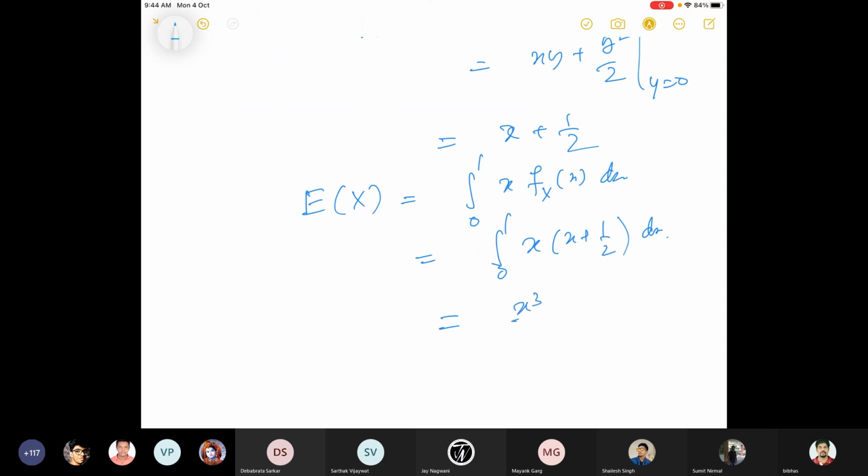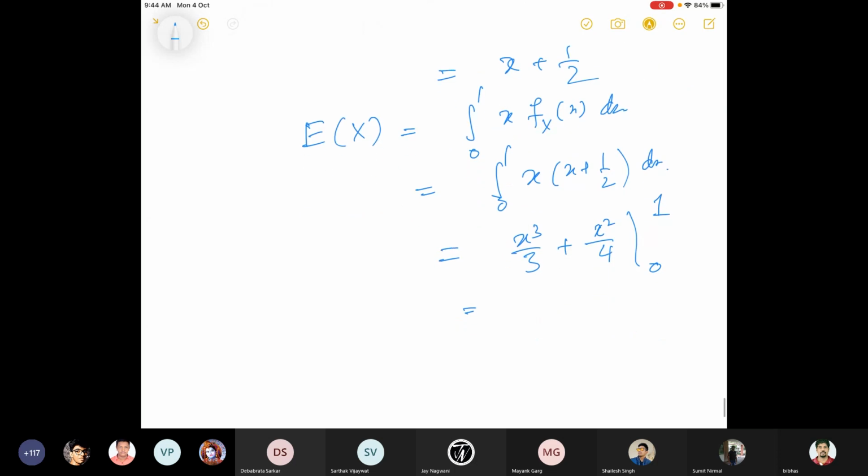So it is x cubed by 3 plus x square by 4, from 0 to 1, which is 1 by 3, right? Plus 1 by 4, which is 7 by 12.